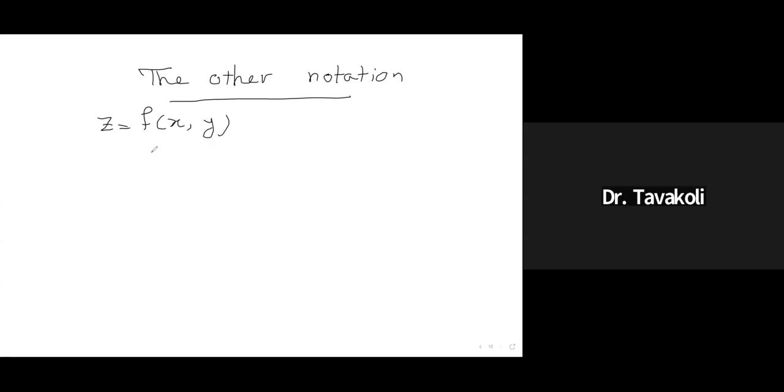So far, the partial derivative with respect to x, I showed it with this, and with respect to y, like this. This one can also be shown by using this notation. This notation is used to show the partial derivatives. Or since z equals f of x and y, I can just write it in this way. Same thing, similar thing here.